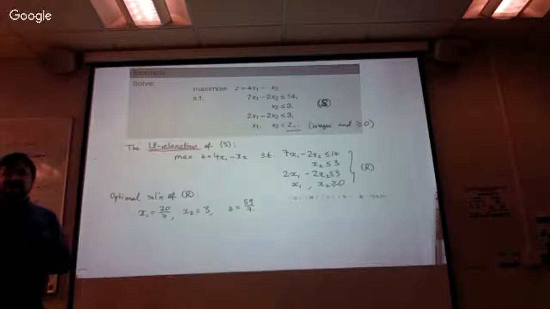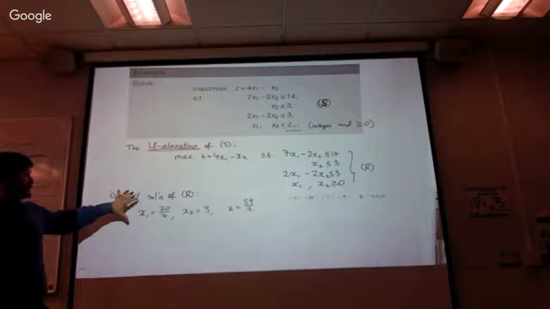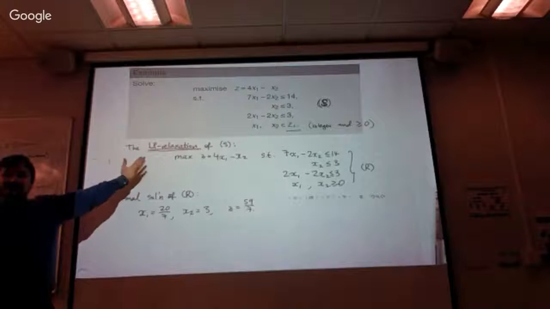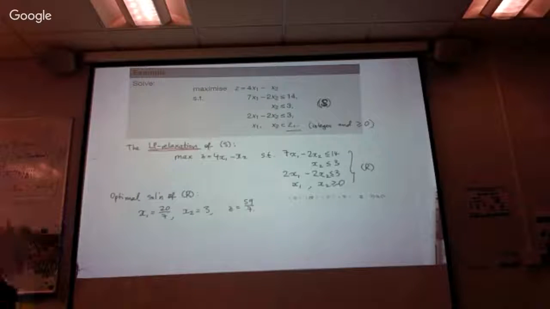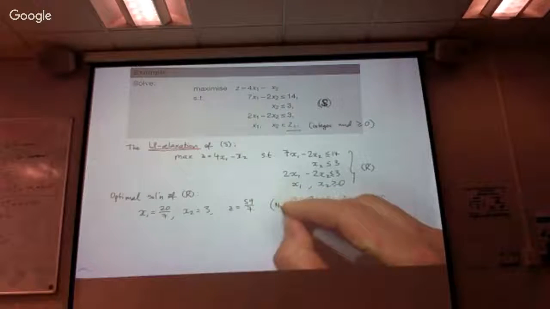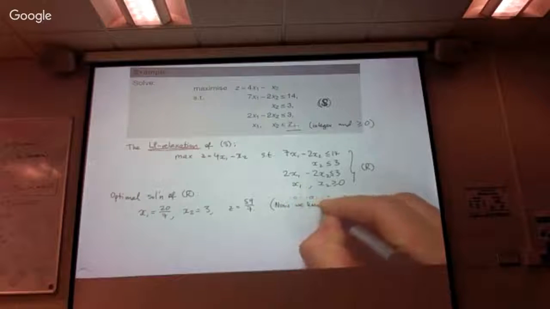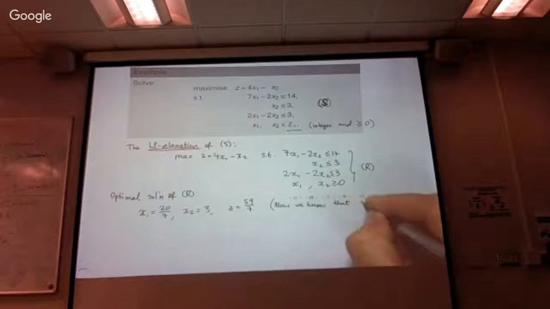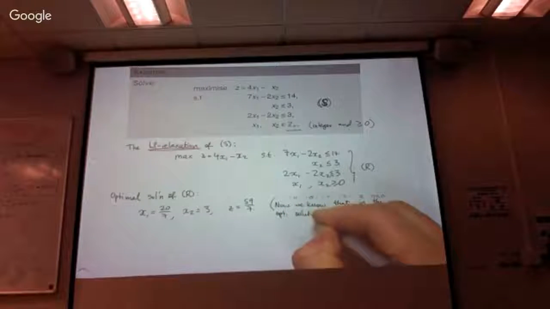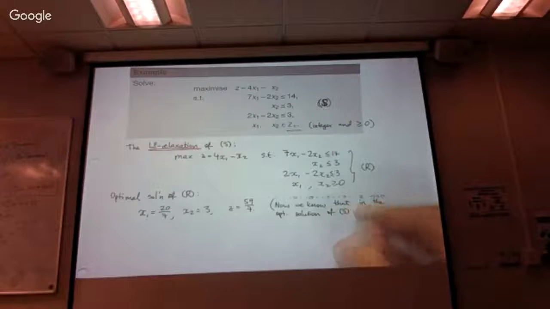It's certainly not going to be more than 8. This is less restrictive. If there was a better solution up there, that's also a solution of this. So that can't happen. So now we know that in the optimal solution of S, Z is not going to be more than 8.